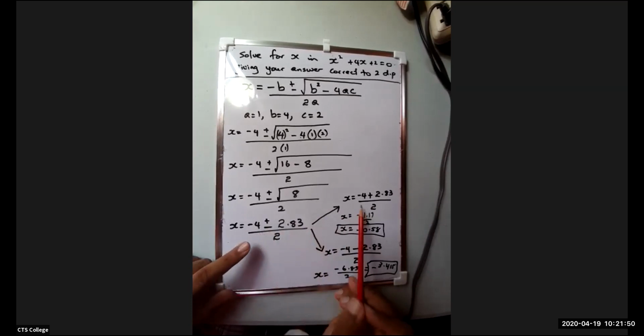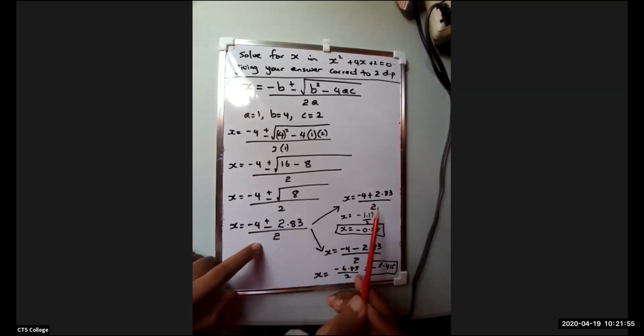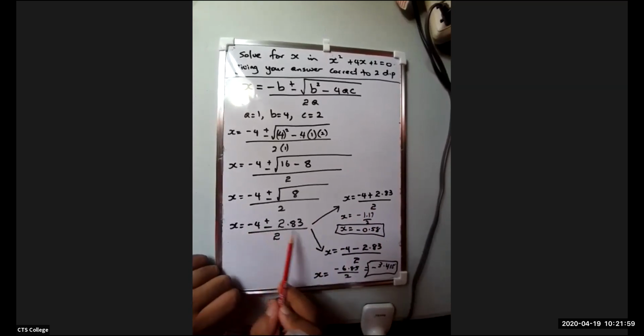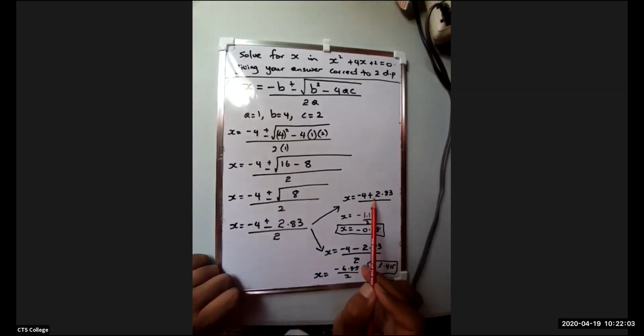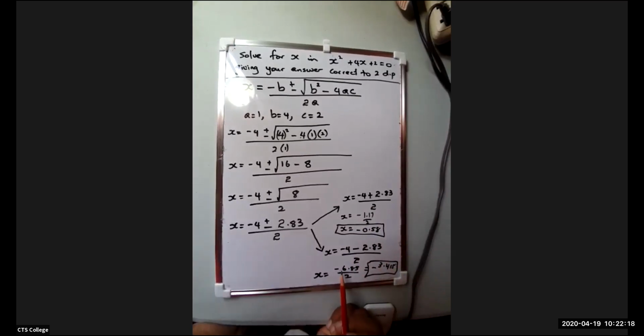And then we'll have negative 4 minus 2.83 all over 2, and I'll do it on the side here. So negative 4 plus 2.83 is negative 1.17 all over 2. And the calculator will tell us it's negative 0.58 or negative 0.59, depending on how many decimal places you approximated to. So, I now understand it.